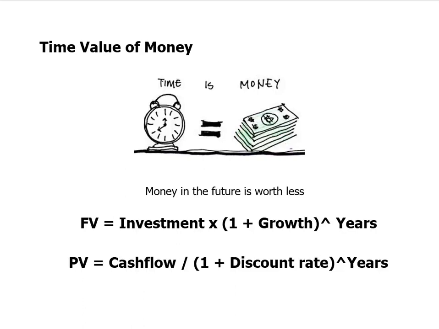So in this slide, there are two formulas that we use to adjust money for time. The first one is FV, which stands for future value.